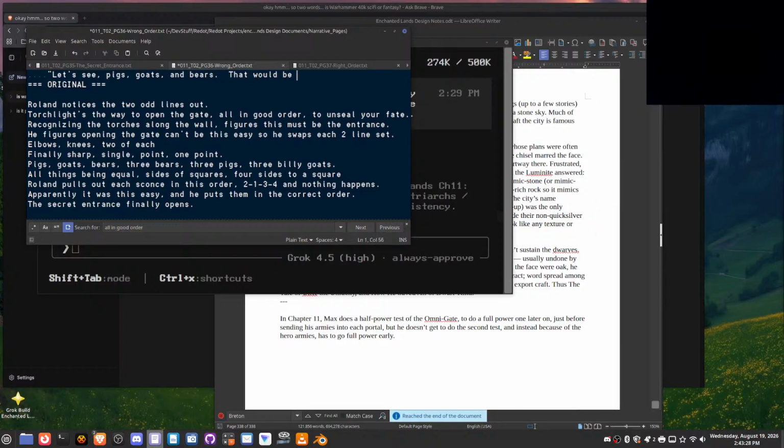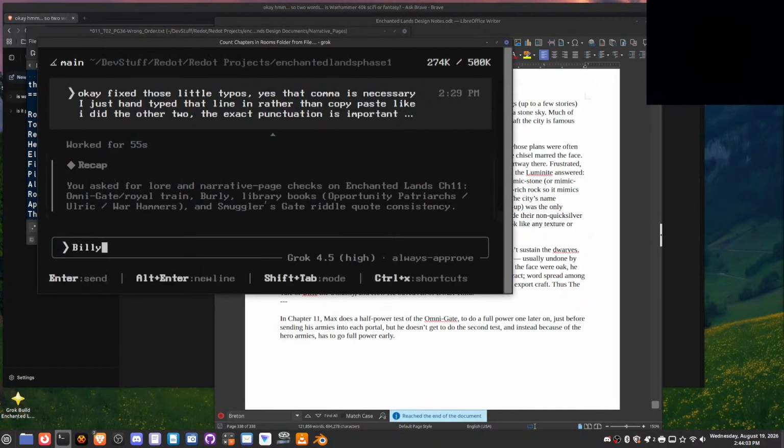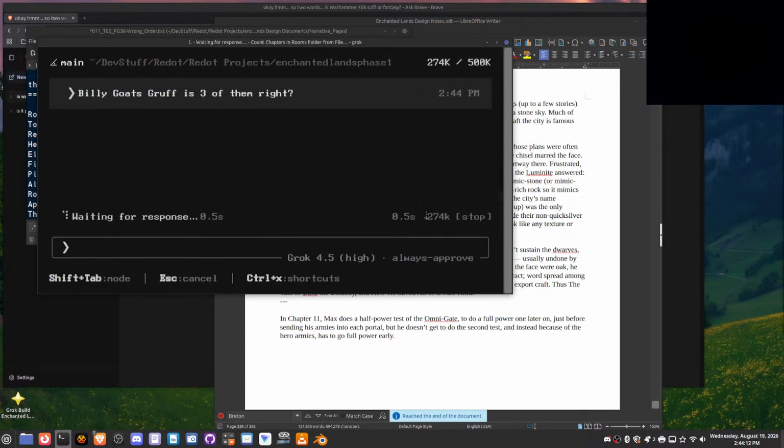That would be the 3 little pigs, the 3 billy goats gruff, and 3 bears. So I make sure that I'm sure.